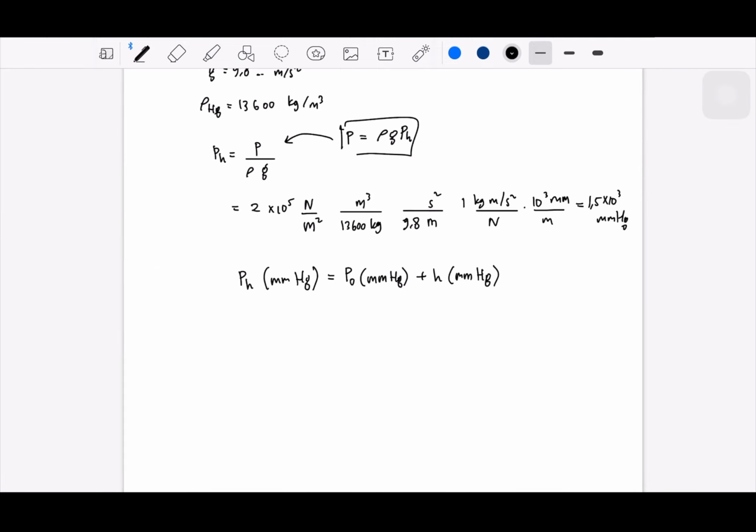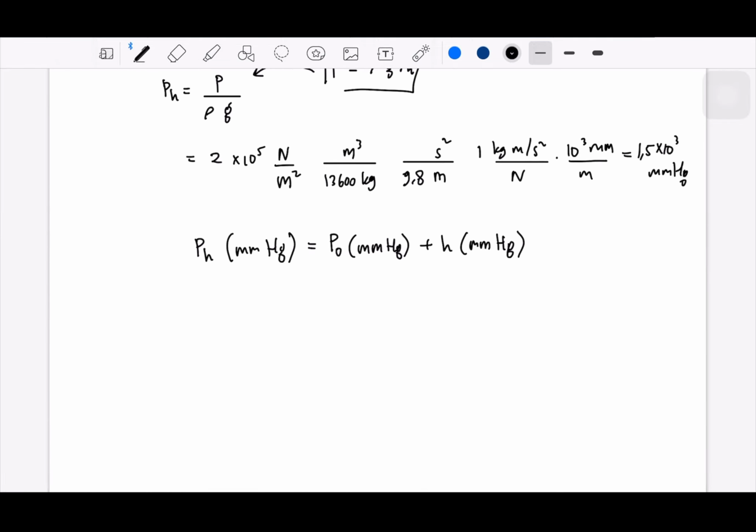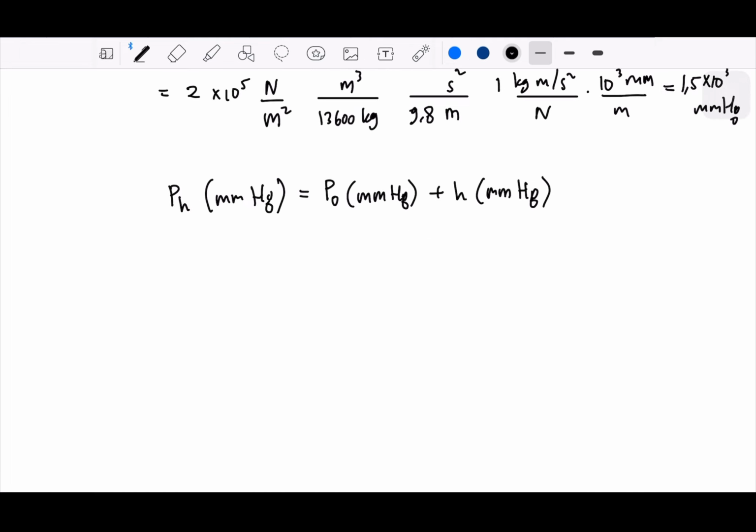And we refer to all this pressure as the absolute pressure, but actually there are some additional elements that need to be considered. That is the atmosphere.